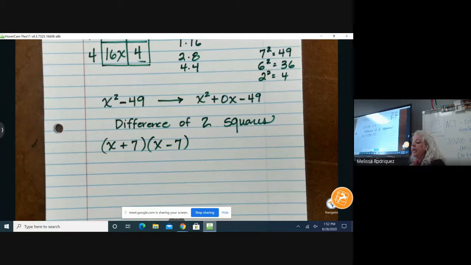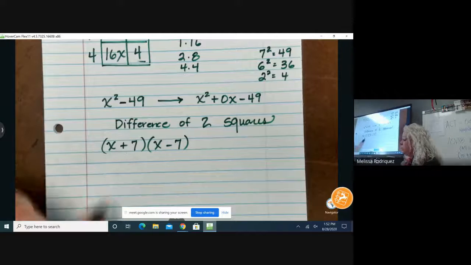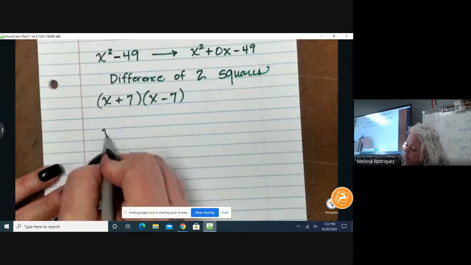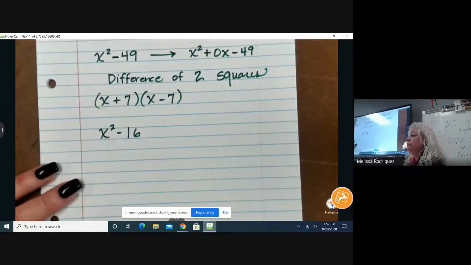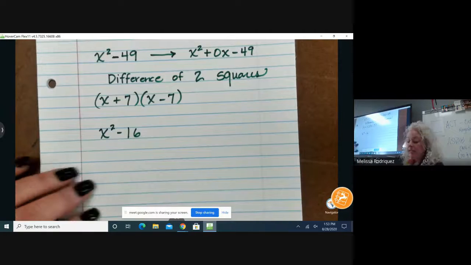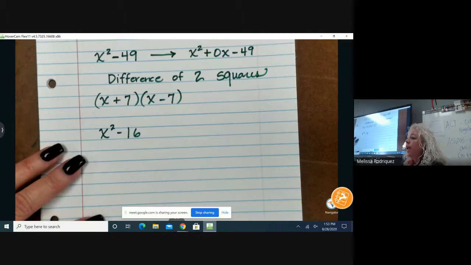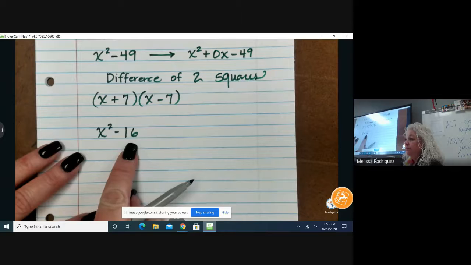It's that easy. I'm not going to go through the hard work of putting it in the box when I can just remember the rules. So tell me this. I'm going to give you x squared minus 16. Can I factor that? Is it a difference? Difference means subtraction. Yes.